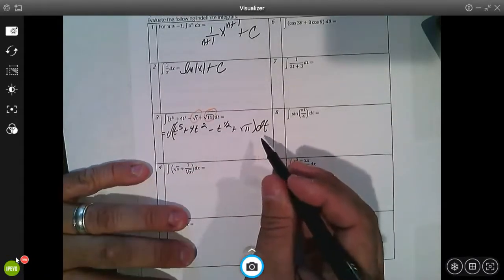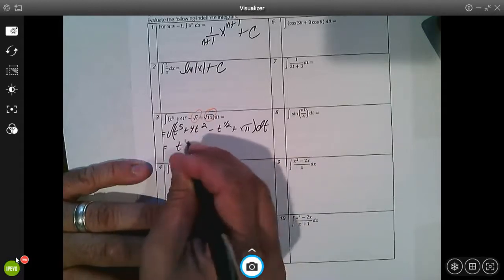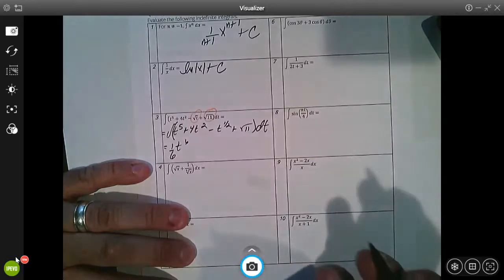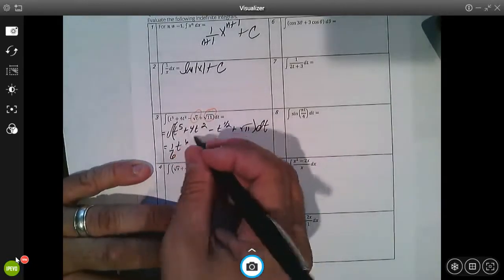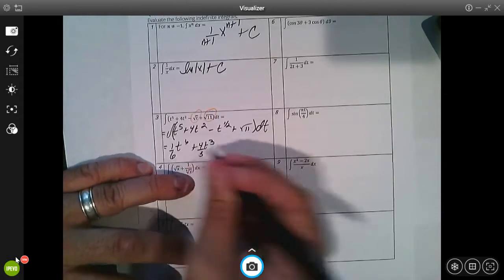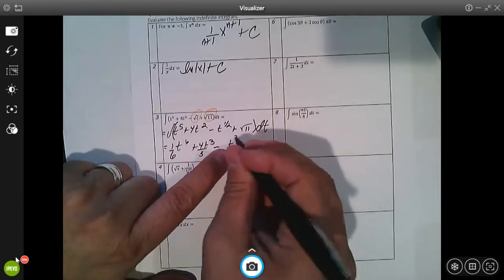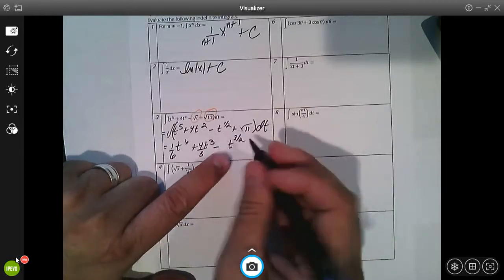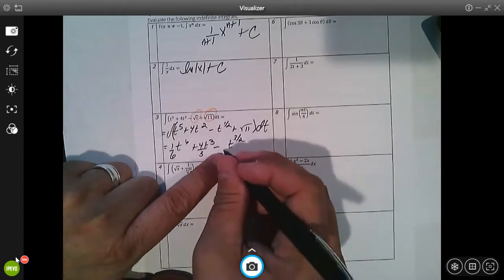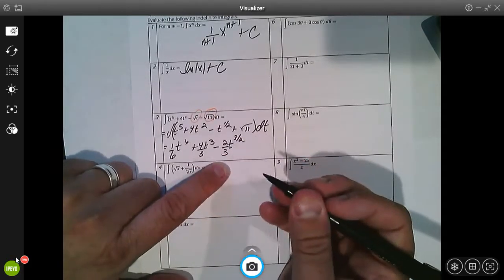Now, one of the properties of the integral is you can distribute the integral over each of these terms. The integral of t to the 5th is going to be add 1 to the power, divide by the new power, plus the integral of 4t squared, add 1 to the power, divide by the new power, minus the integral of t to the half, add 1 to the power, divide by the new power. 1 divided by 3/2 is the same as multiplying by 2/3.